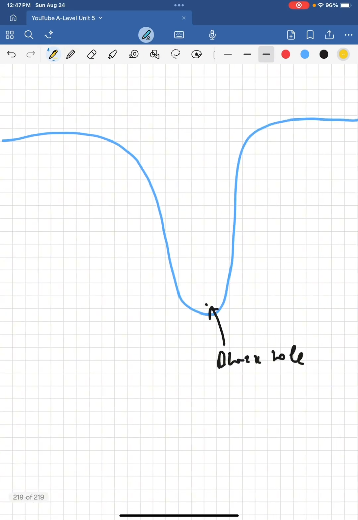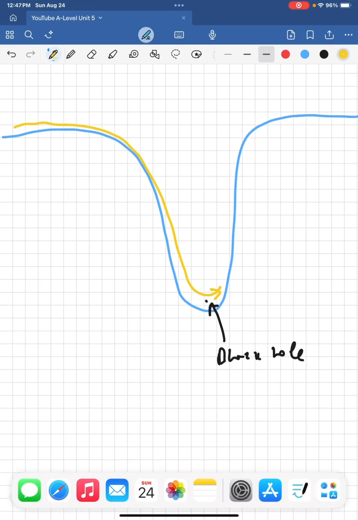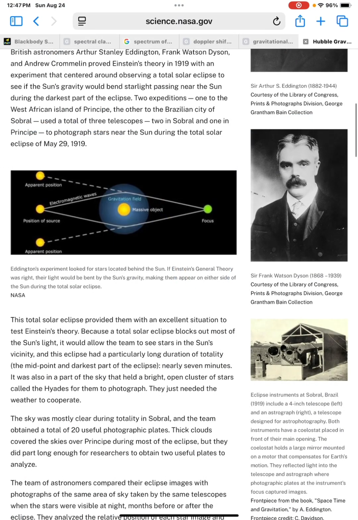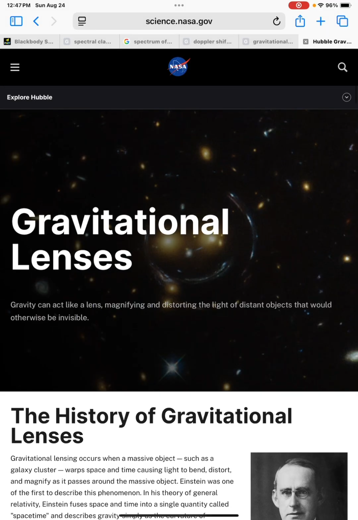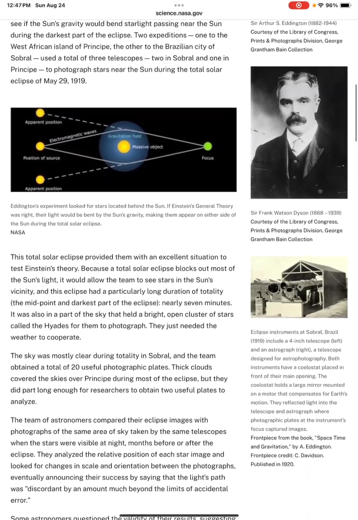In the case of a black hole, actually, we don't even have bending, so the light kind of stays inside the black hole, right? Nothing escapes the gravitational pull of a black hole. And let's go see this picture by NASA, actually. Okay, there is no better source, I guess.